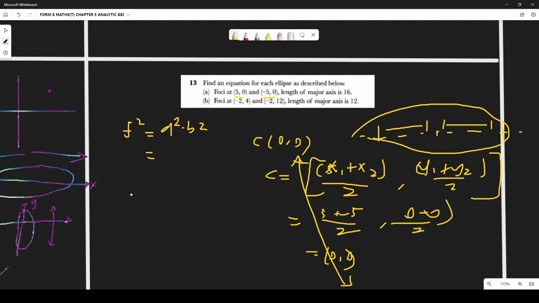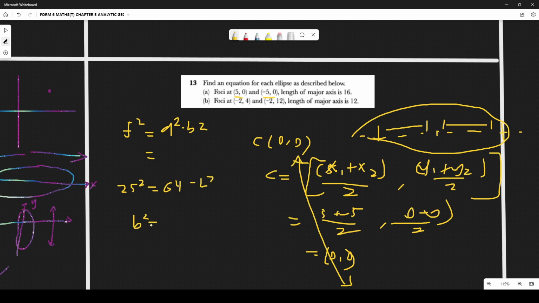Okay, what else do we need to know? Length. So we know the length a is 8. Since a is 8, we know that f, a and b are related. So how much is f squared? f squared is, since f is 5, 25 equals 8 squared, which is 64, minus b squared.